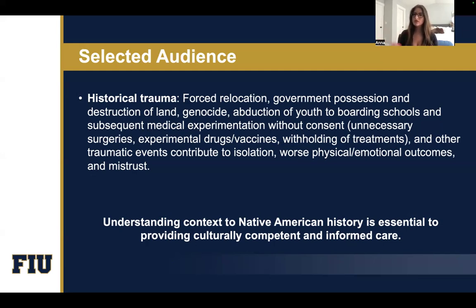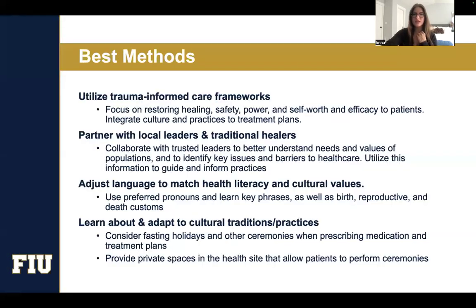They were also subjected to medical experimentation, such as unnecessary surgeries, experimental drugs and vaccines, or the withholding of treatments. Those traumatic experiences and events have led to a historical trauma within this population. And understanding this context is extremely important to being able to provide culturally competent and informed care. And we'll go into a few of those strategies now.